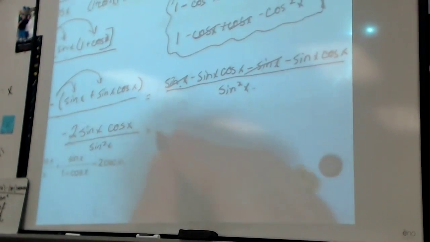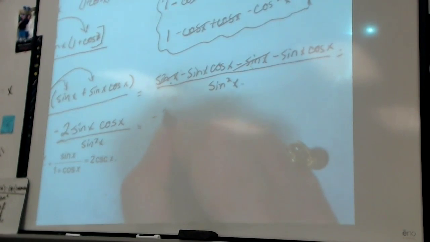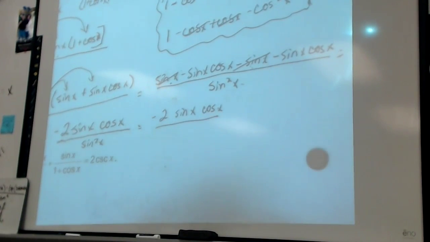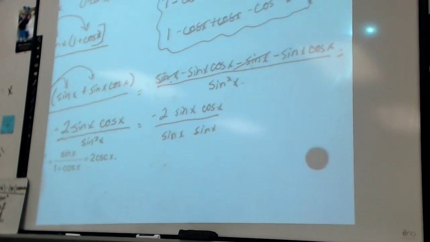So I could rewrite this to make it a little more clear, because I'm fixing to do some simplifying. Sine squared x is really sine x times sine x, right? So these are going to cancel out.